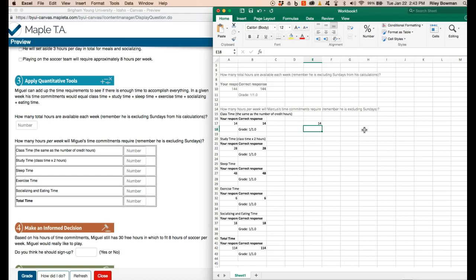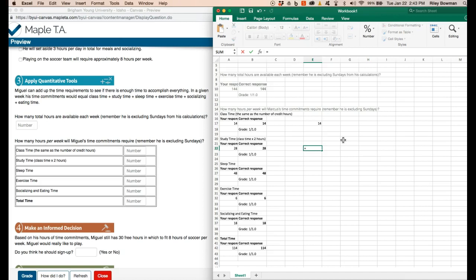The next one is study time. This is 2 hours for every hour in class, so we're going to multiply all of our hours here by 2. We have 2 ways of doing that. We can just type it up, 14 times 2, or we can use some cell reference. Either way, we'll get the same answer. So we still need to put an equal sign to get it to calculate.